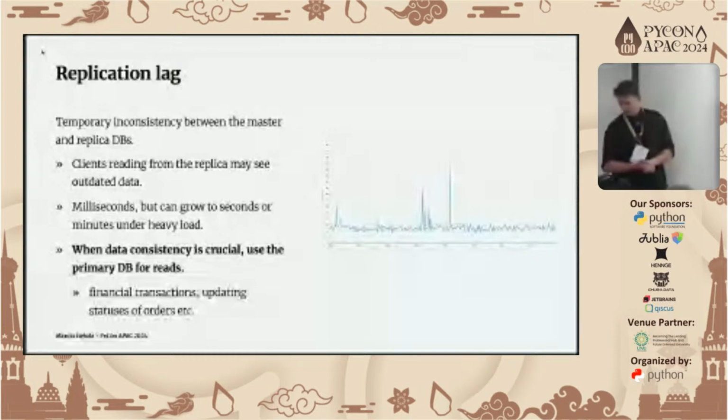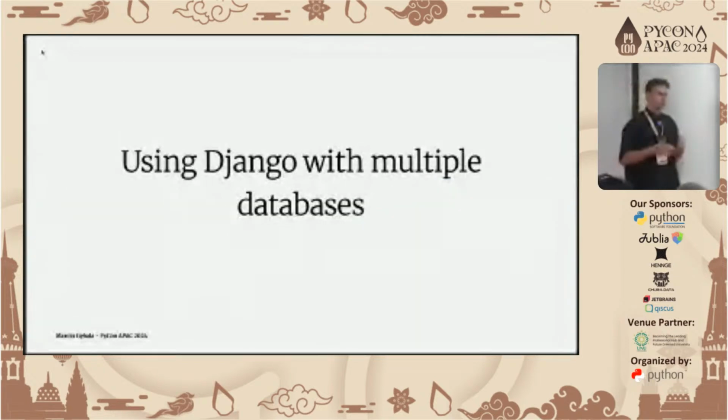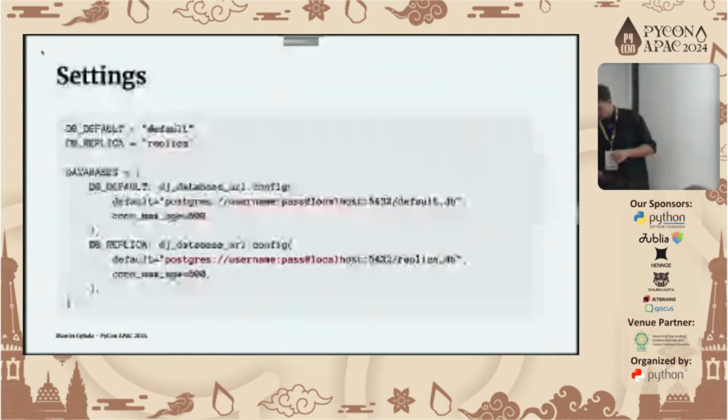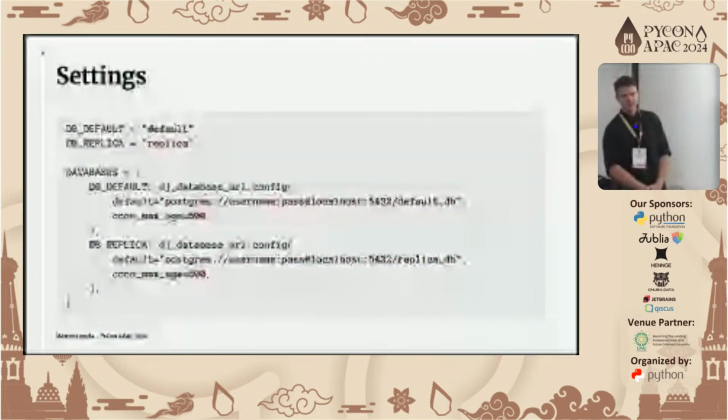So this was the first part about the theory, and now I'll show you some practical examples of how to use database replication with Django, as Django is the main framework that I know. We will start with settings.py.